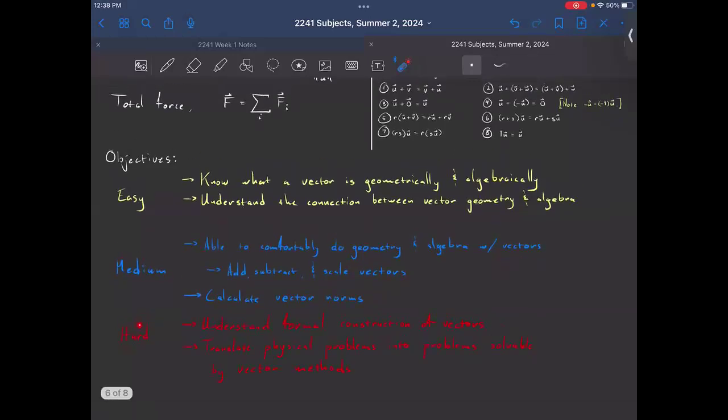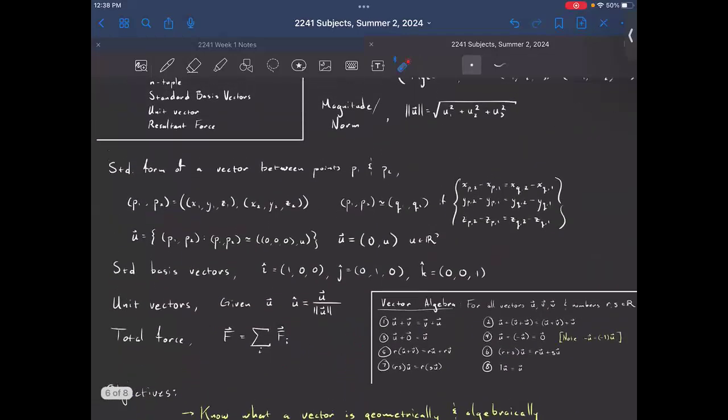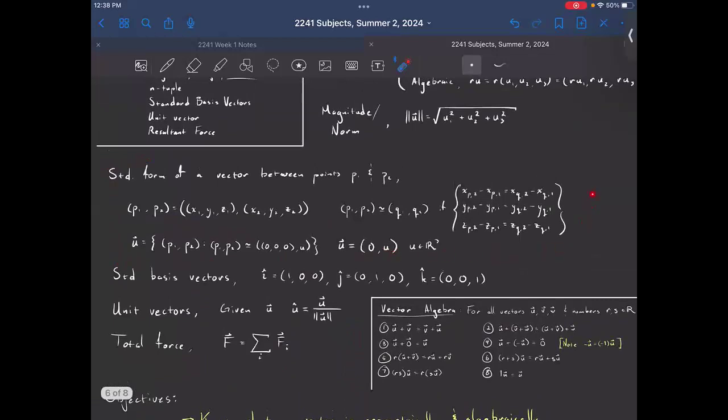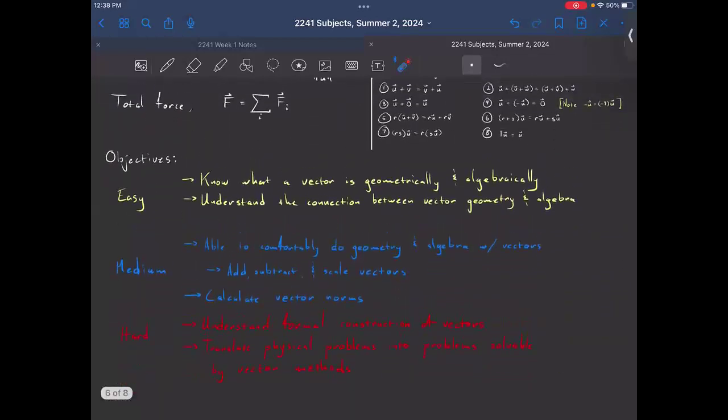The hard objectives are to understand the formal construction of vectors, this whole thing up here with the standard form and all of this. That is something that you can ask me about in email if you want, and I might add that into the explanations for this video. Last is to be able to translate physical problems into problems that are solvable by vector methods.